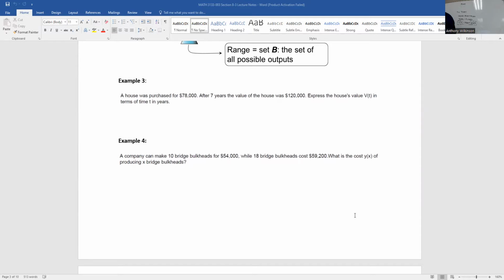What is the cost, denoted by Y of X, of producing X bridge bulkheads? Now let's think about this one for a moment.